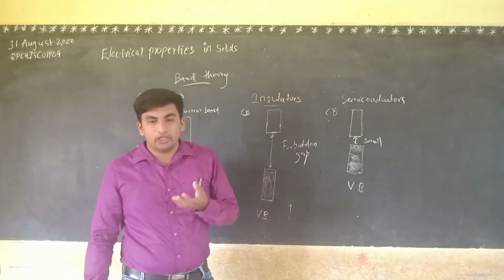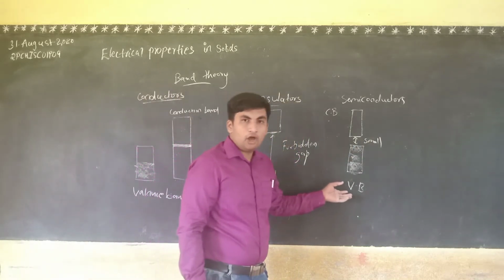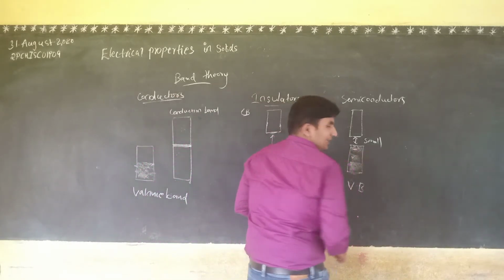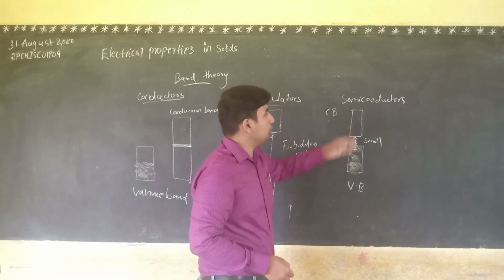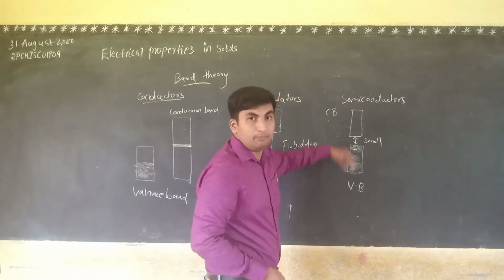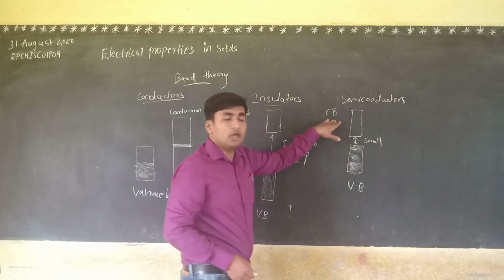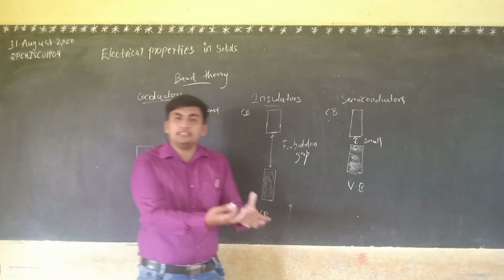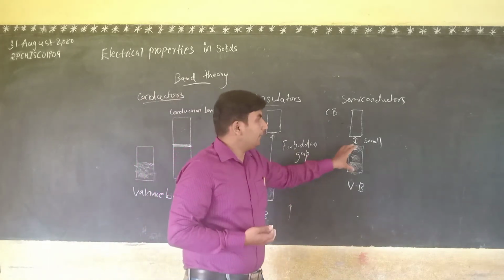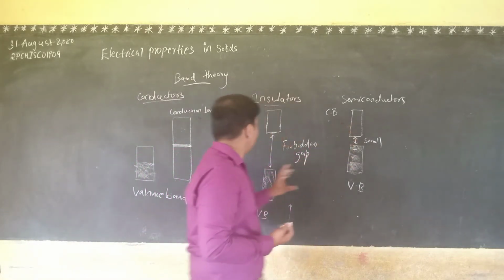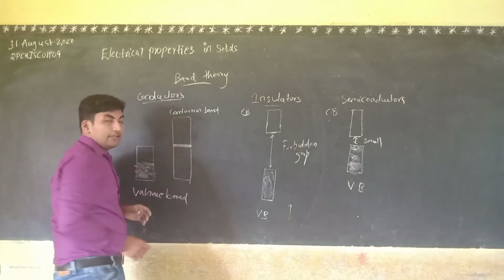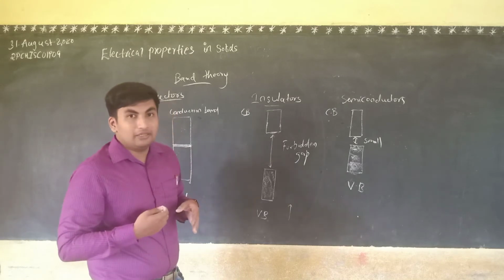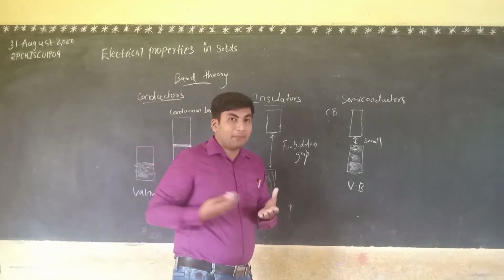So what happens if we increase the temperature or heat the substance? The electron present in the valence band jumps to the higher energy state, that is the conduction band. So obviously it conducts electricity, but the gap is small. In case of conductors, the bands overlap, so there is no gap and it conducts electricity to the maximum extent.